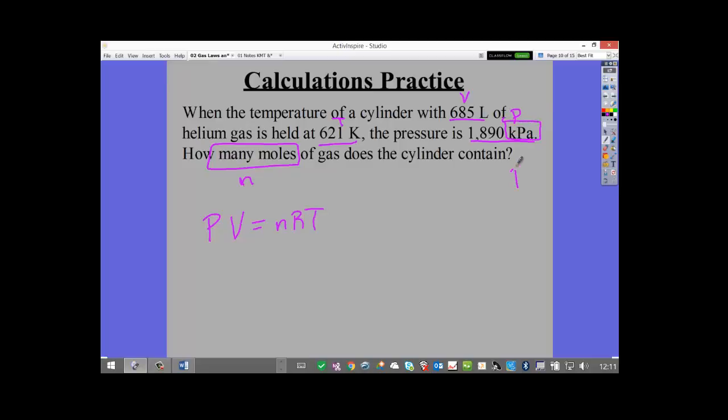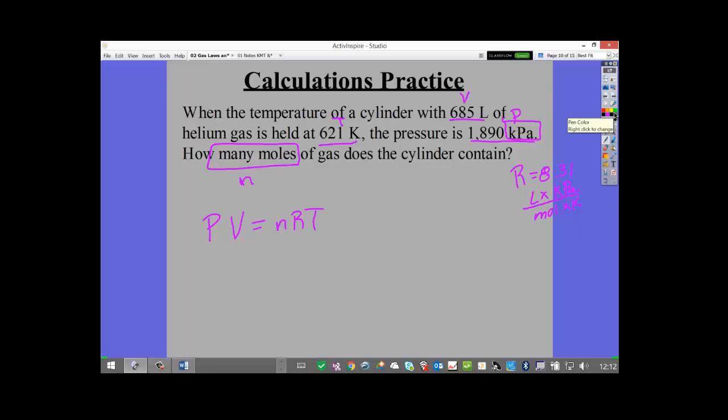So what's going to be our R? 8.31 liters times kPa over moles times Kelvin.